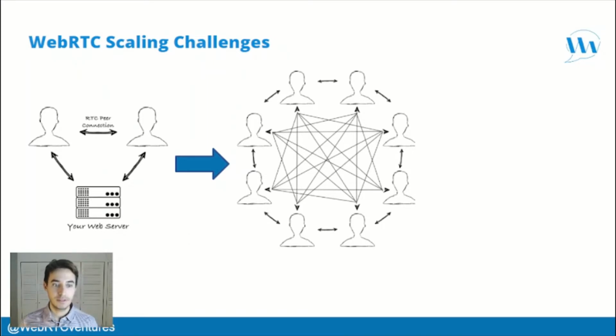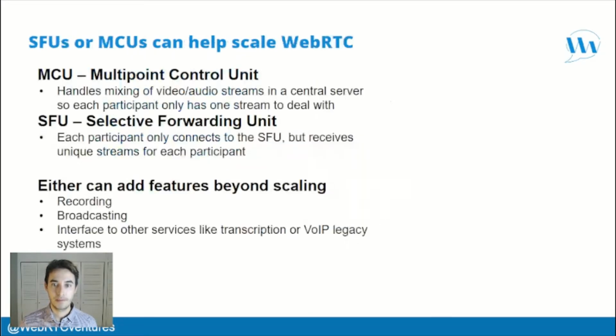To reduce the amount of resources used at the edge, there are two popular architectures used to scale this. So we have the SFU architecture and the MCU architecture for scaling WebRTC applications. The MCU, or multi-point control unit, handles mixing of video and audio streams in the central server, so each participant only handles a single stream.